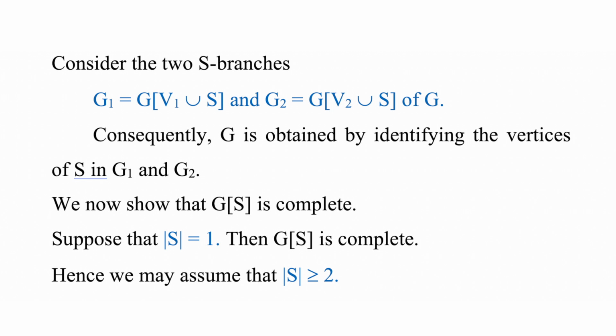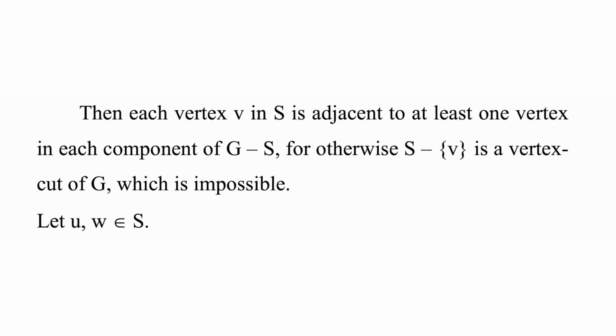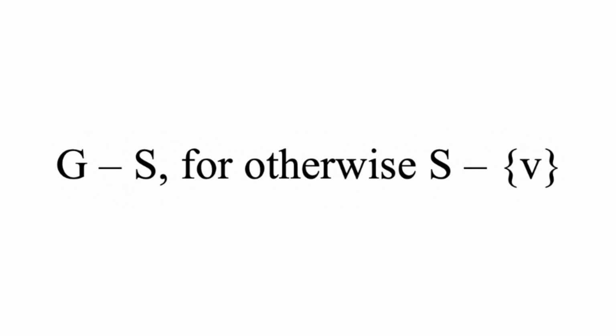We now show that G of S is complete. Suppose cardinality of S is equal to 1, then G of S is complete. Hence, we may assume that cardinality of S is greater than or equal to 2. Then, each vertex v in S is adjacent to at least one vertex in each component of G minus S. For otherwise, S minus singleton v is a vertex cut of G, that is impossible.